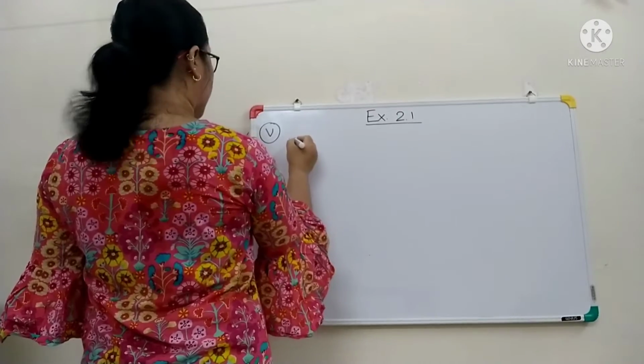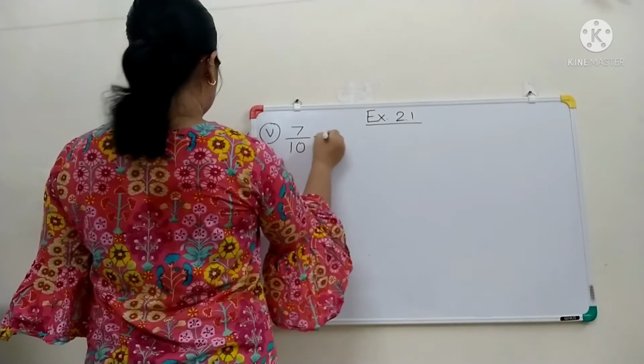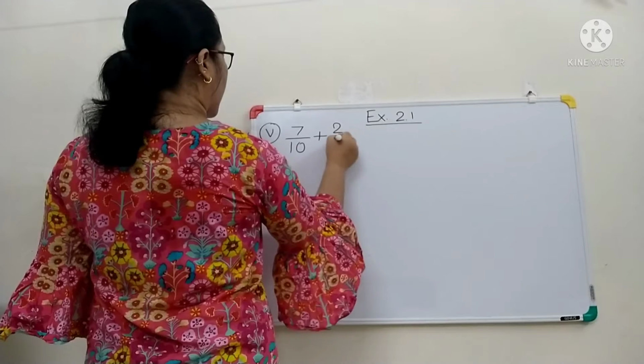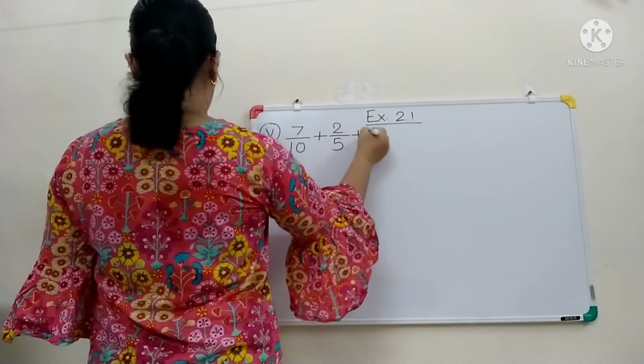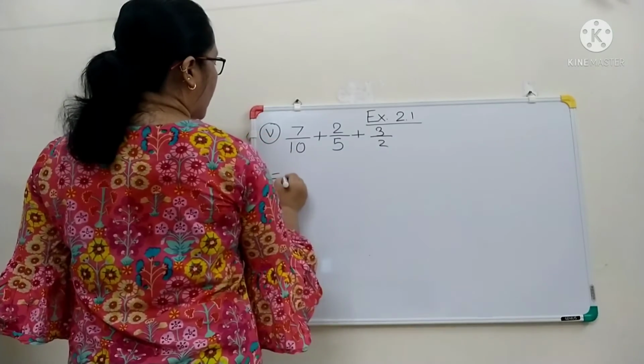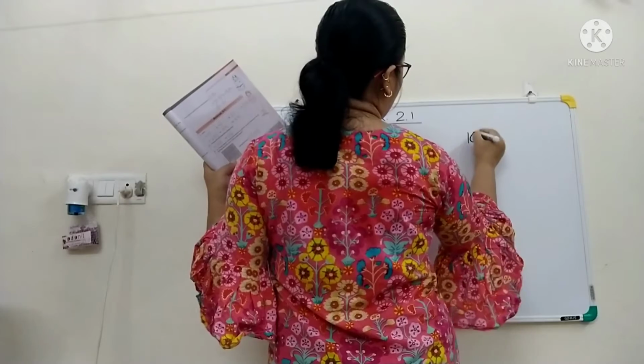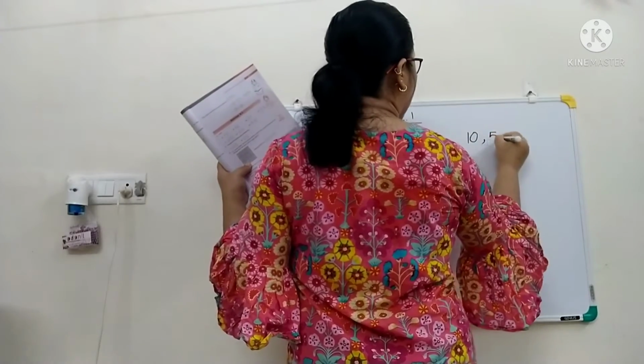Here we have to add 3 fractions together, 7 upon 10 plus 2 upon 5 plus 3 upon 2. So first of all we have to find out the LCM. For that we have to take the denominators like this.